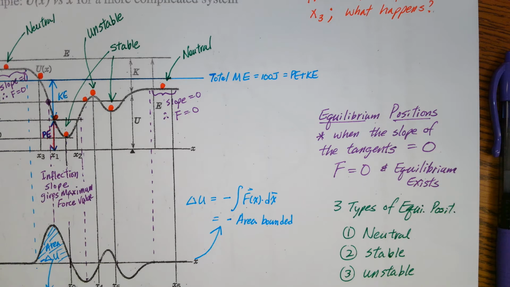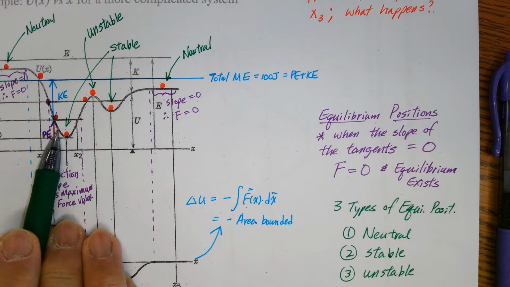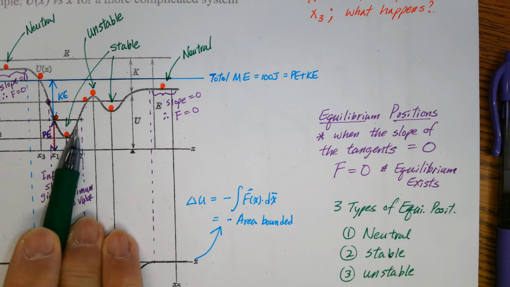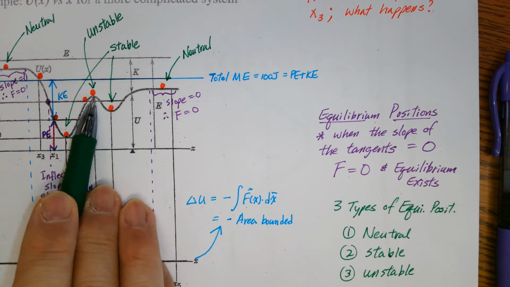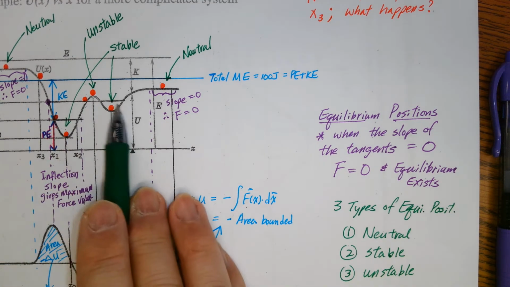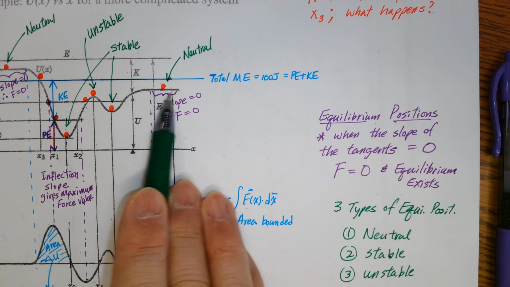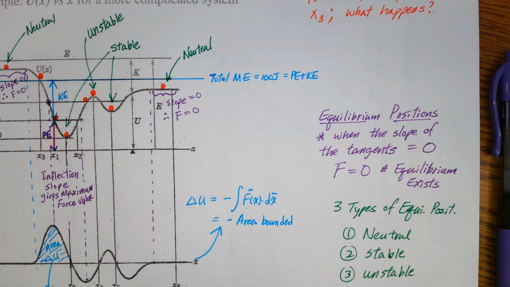So all this will be non-equilibrium. Here, stable equilibrium, non-equilibrium, unstable equilibrium, stable equilibrium. And then here will be just neutral because the slope is not going anywhere. It's just standing.